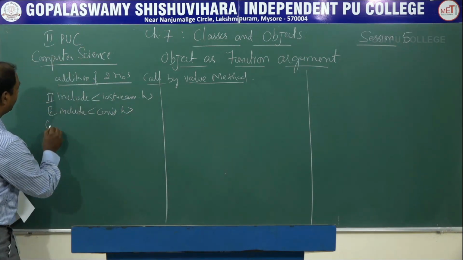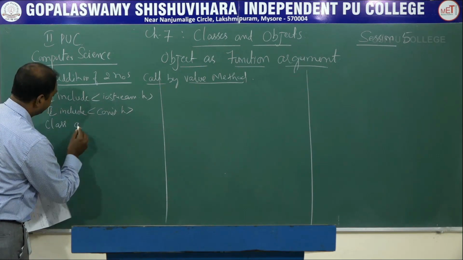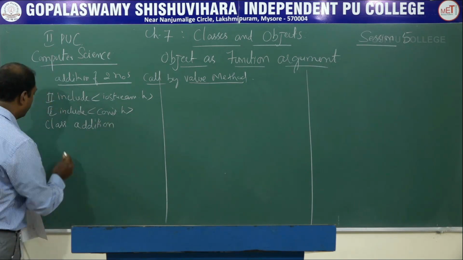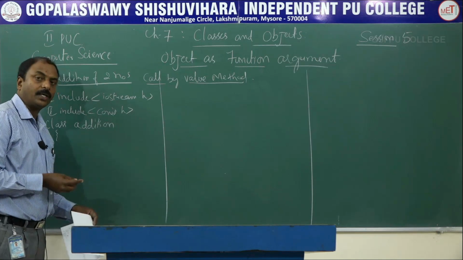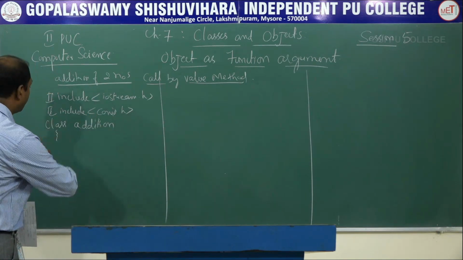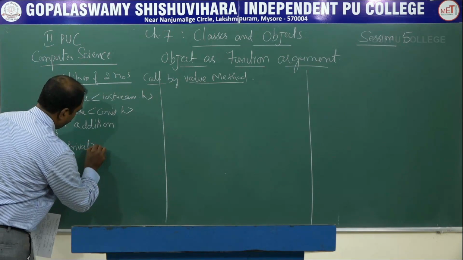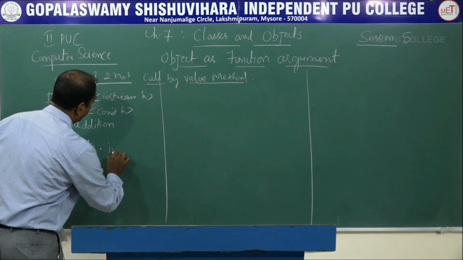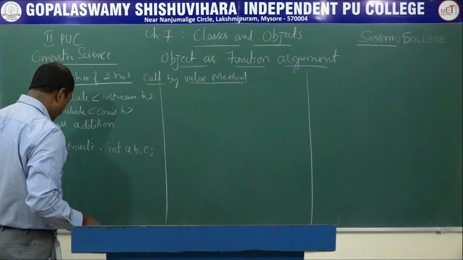Next we will declare the class addition, and inside this we have to declare class variables. Under private we write int a, b, c as the variables.